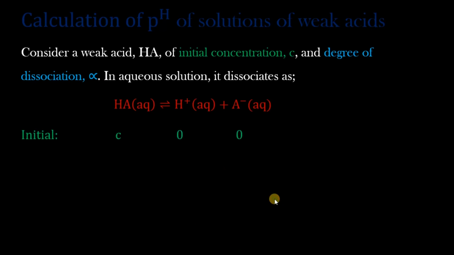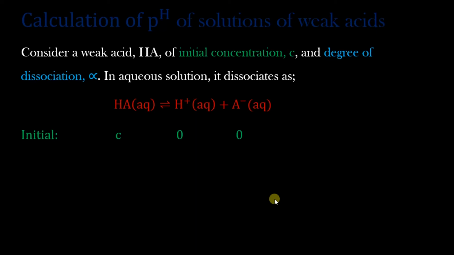Now, if the initial concentration of the acid is C, that is before dissociation, there will be no hydrogen ions and no anions in the solution. Alpha of C reacts, because alpha percent of C can react, to produce C alpha hydrogen ions and C alpha of the anion.